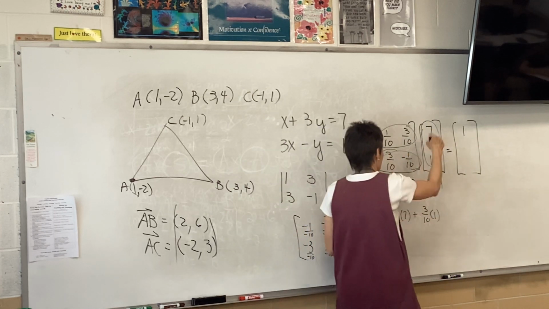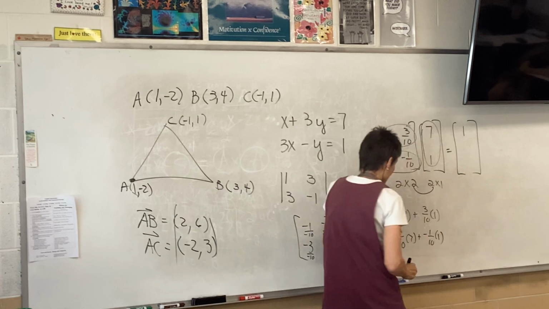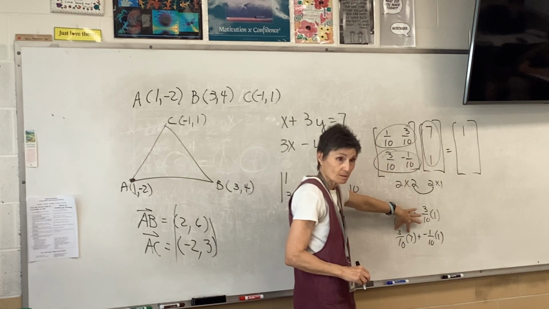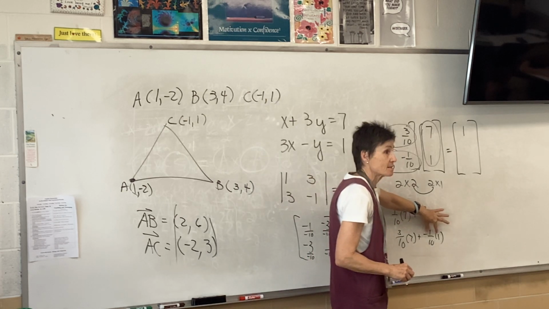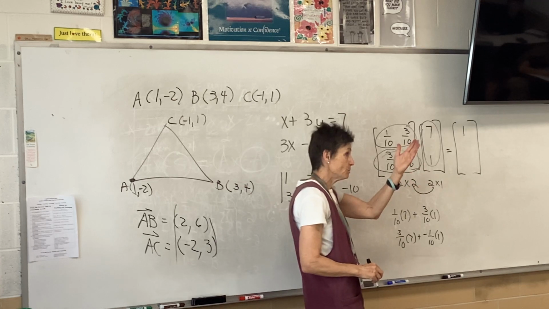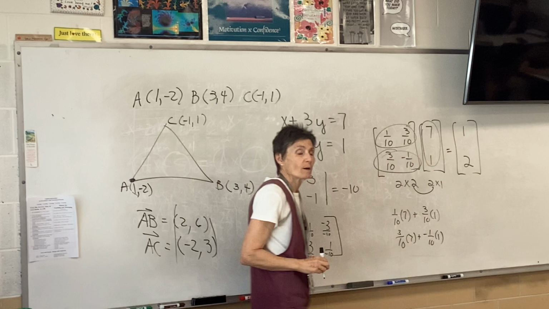And then this times that, so 3/10, negative 1/10, 7, and 1. So this would be 21/10 minus 1/10, which is 20/10, which is 2. So the answer to the question is 1, 2.